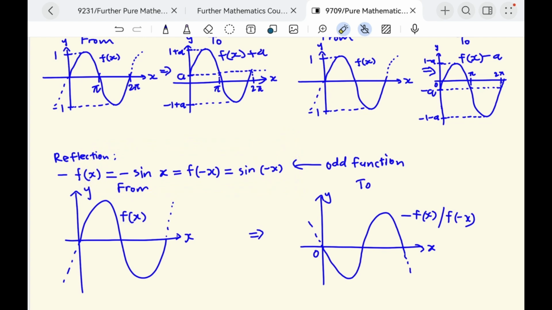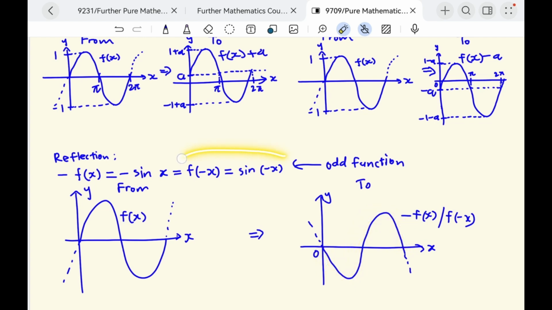Let's focus on the reflection on the x-axis. This is the axis of the reflection. You reflect this half cycle to the negative quadrant. Meanwhile, this one exchanges upwards. So you will form this kind of reflected sine graph.